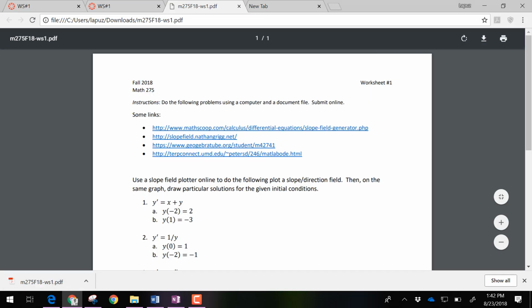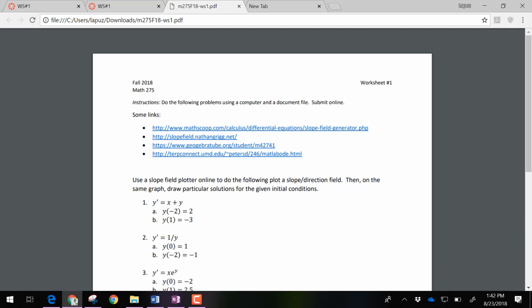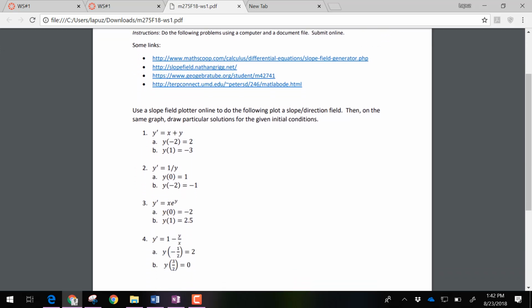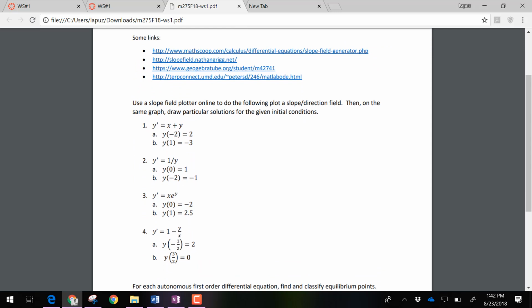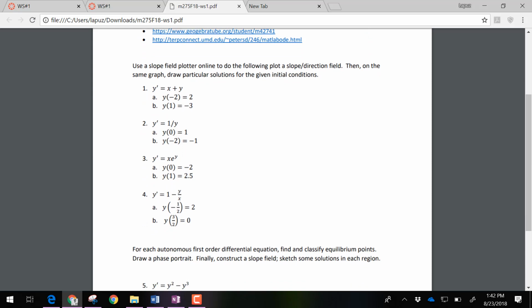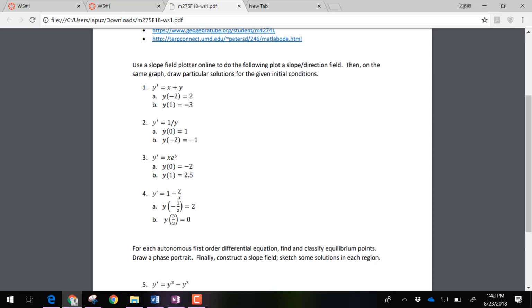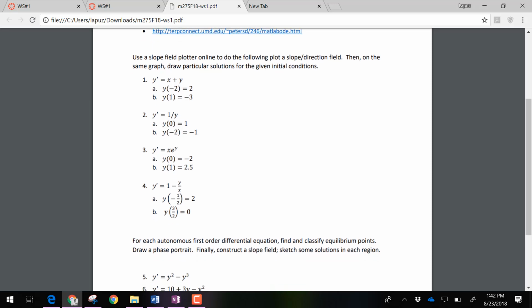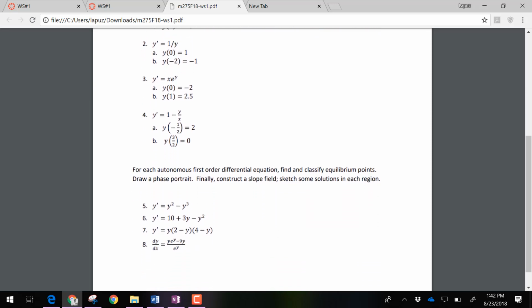The worksheet has links, and you can decide which one is your favorite grapher. But these are the links to the slope field plotters. And remember, if you're an odd number group, you're doing 1, 3, 5, and 7. If you're an even number group, you're doing 2, 4, 6, and 8. Okay?